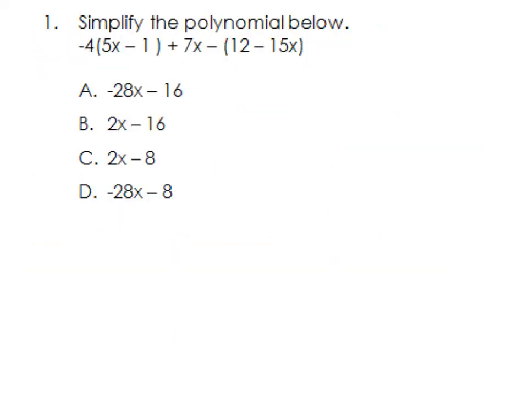So on this one, I've got two things I'm going to have to distribute. I'm going to have to distribute the -4, which will go to the first set of parentheses. And I've also got a negative next to my second set of parentheses, so that's the same as a -1 that I'm going to distribute there. Notice my 7x is not going to be distributed to anyone.